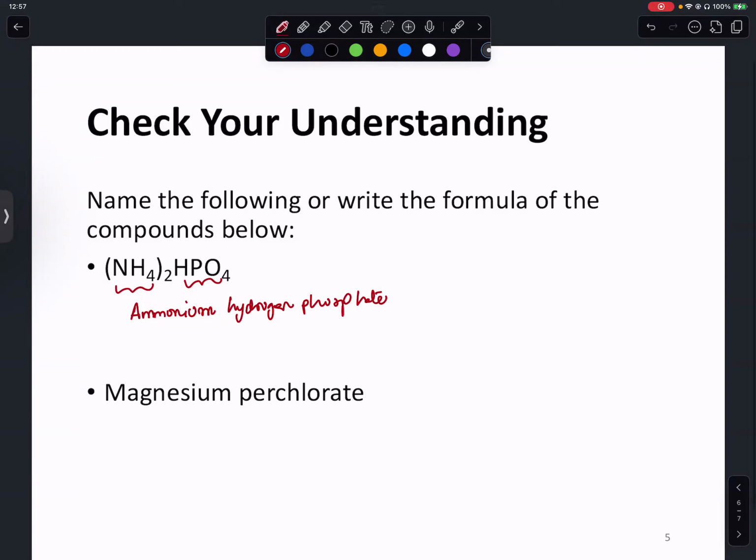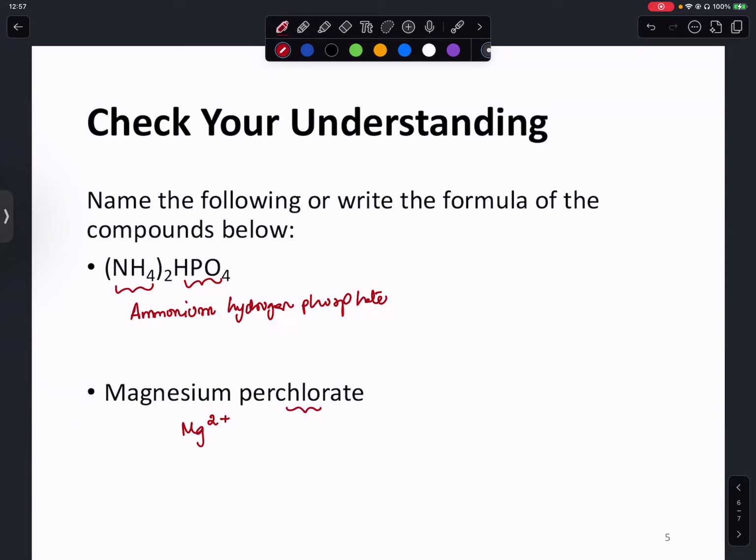Now, for the second example, magnesium perchlorate. So we agreed here we have magnesium. We'll follow the rules for writing the formula of an ionic compound. So magnesium is Mg2+, and then perchlorate. Per indicates that it has the highest number of oxygens.